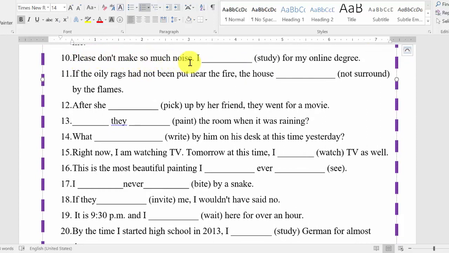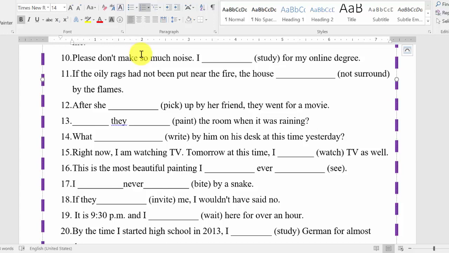Next one, number 10. Please don't make so much noise. I what for my online degree? This question is a bit special. When you are asking someone to not make so much noise, you can see that you are talking at the moment, at that time. Why can they not make so much noise?